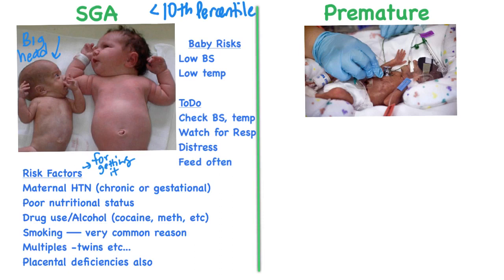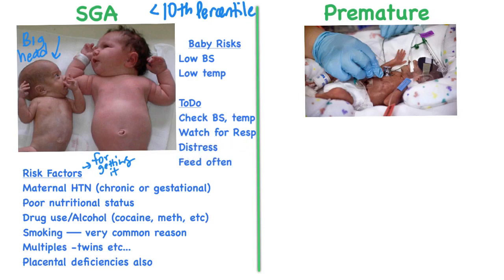For the hypothermia, we also want to watch for respiratory distress, because those two things are related together. So our goals for the SGA baby: monitor blood sugar, monitor temperature, encourage feeding, watch for poor feeding, watch for respiratory distress, and do daily weights and make sure you check vital signs.